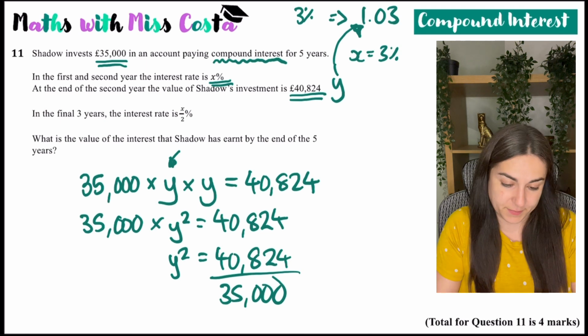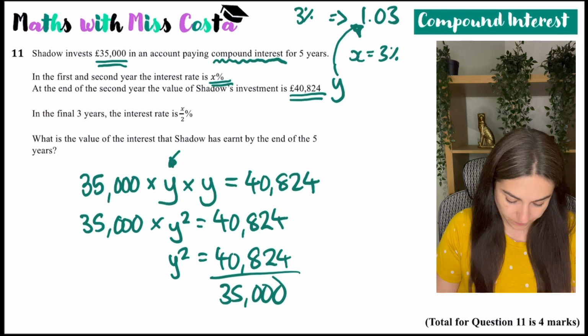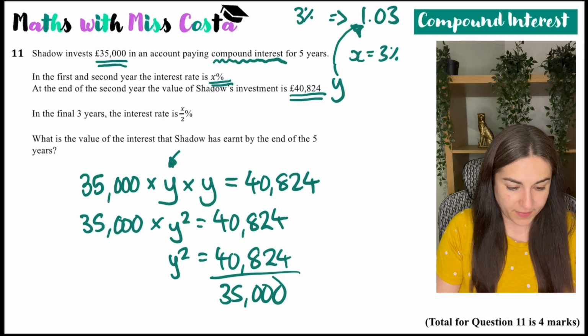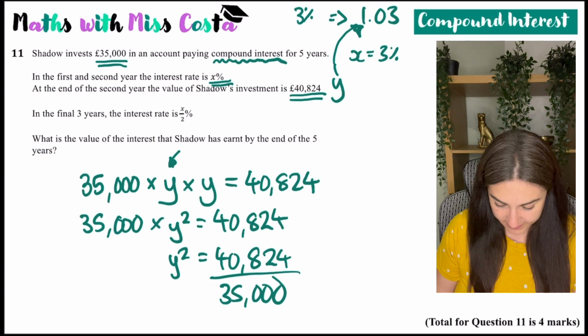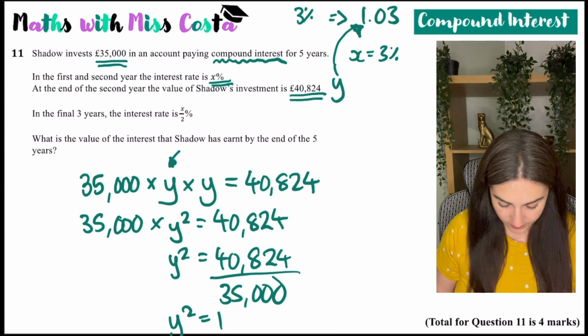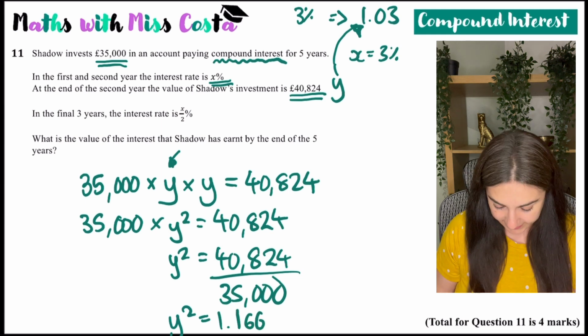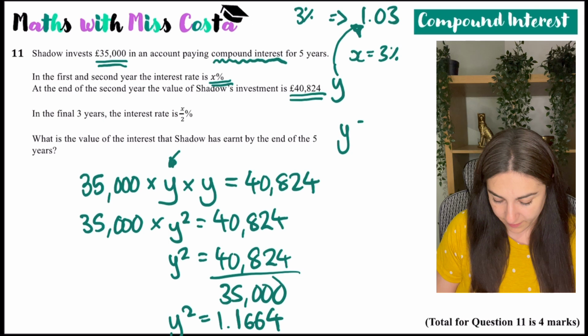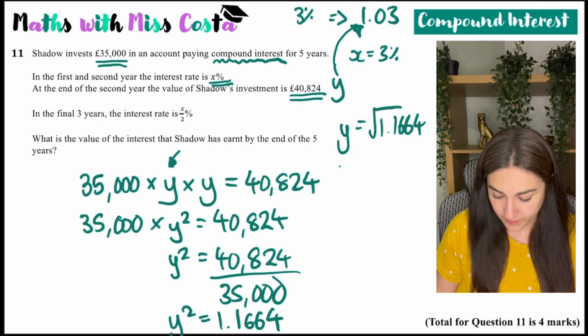So let's type that into my calculator. 40,824 divided by 35,000 is 1.1664. So therefore Y is going to be the square root of that.